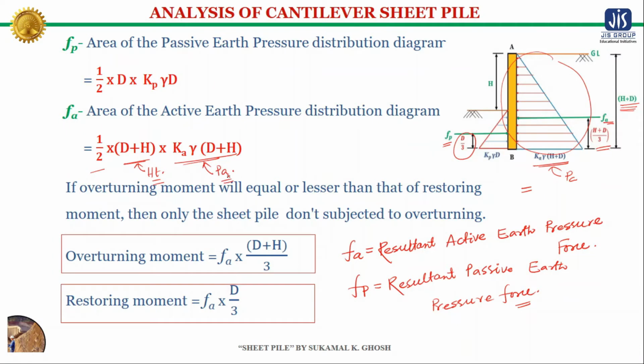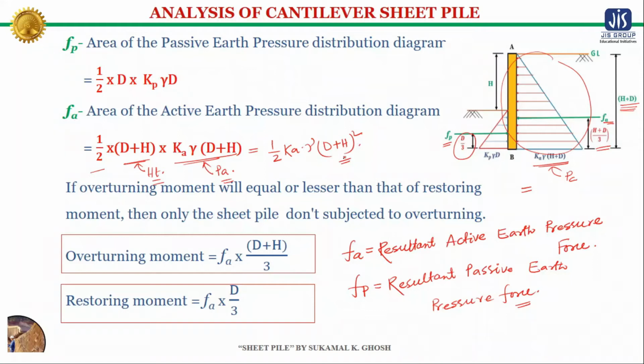Okay, so ultimately you will have half into D plus H into Ka into gamma into D plus H. So if you solve it, you will have half into Ka into gamma into D plus H whole square.